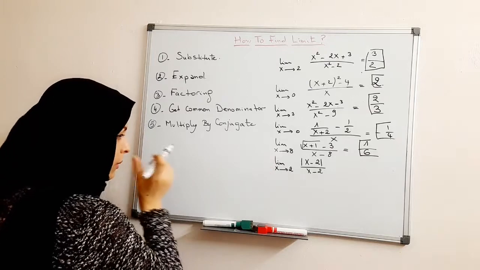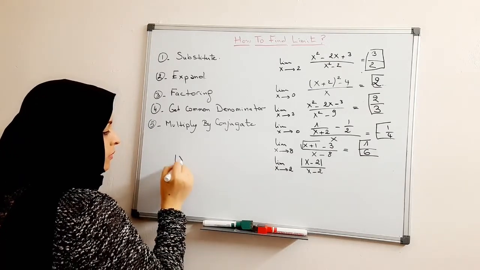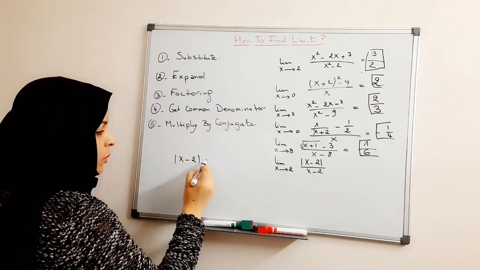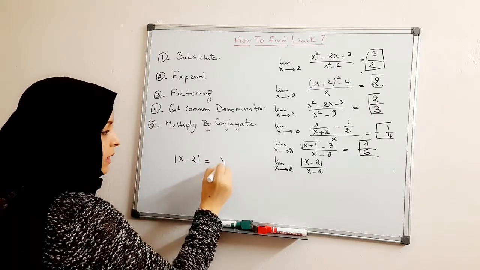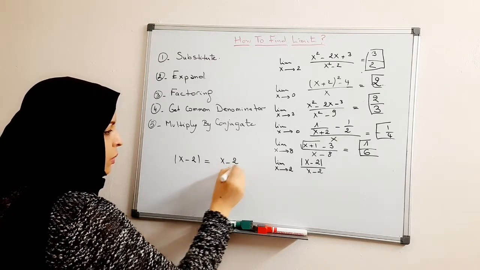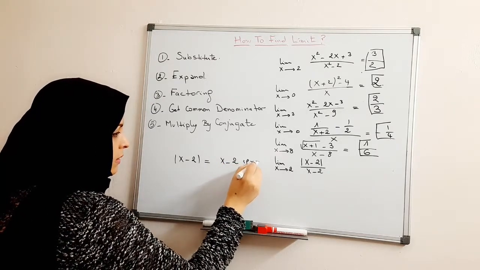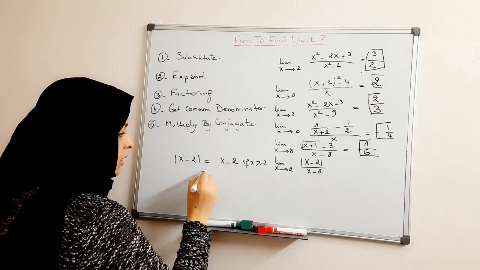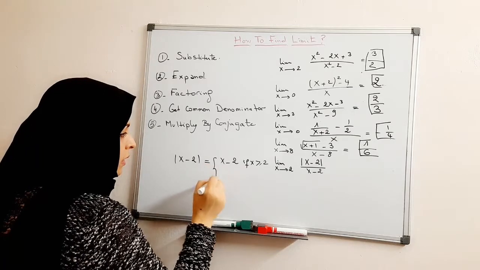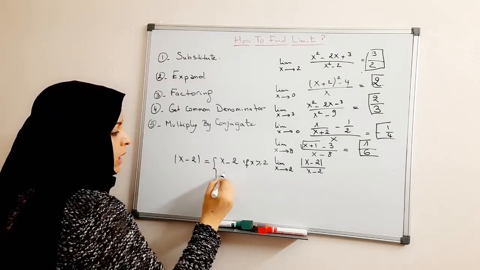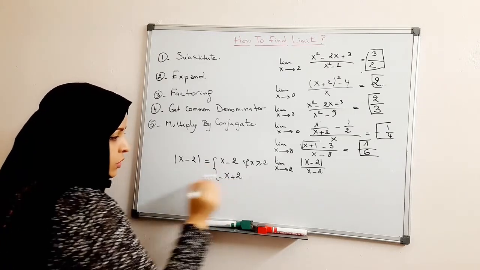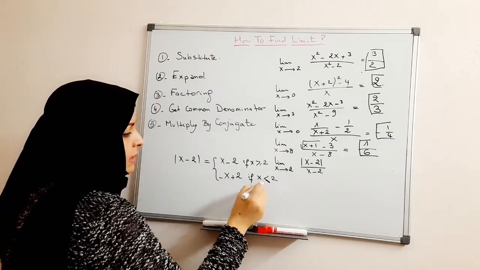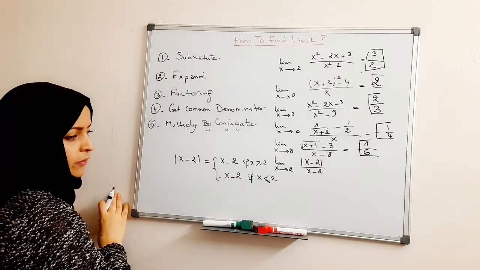So here we have that the absolute value of x minus 2 will be equal to x minus 2 if x is greater than 2, and will be equal to minus x plus 2 if x is less than 2.